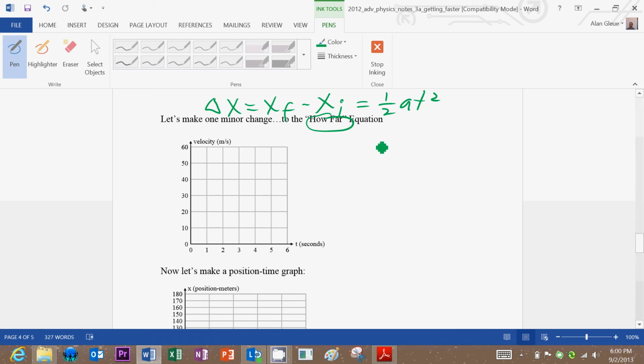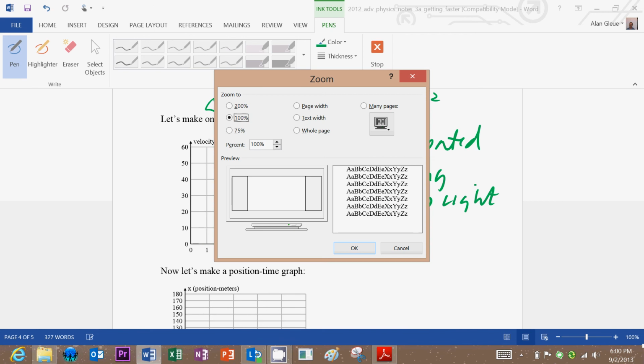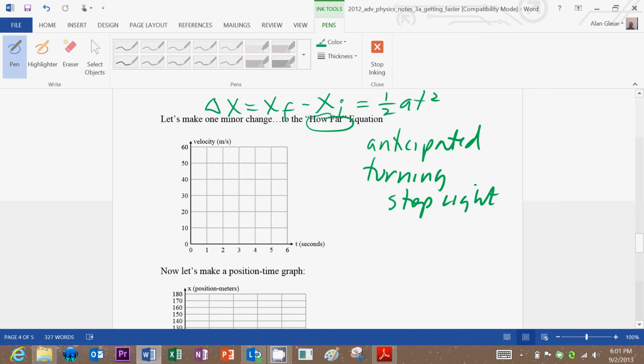See, in page 1 basically we're at the red light, our car stopped, and once the light turns green, we leave and we start accelerating from a resting or initial velocity of 0.